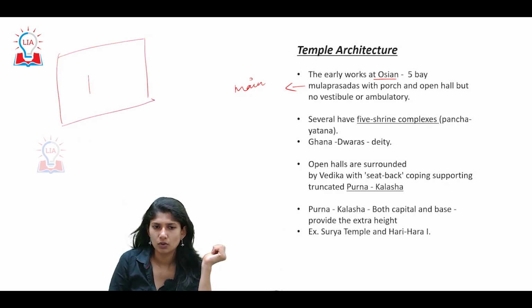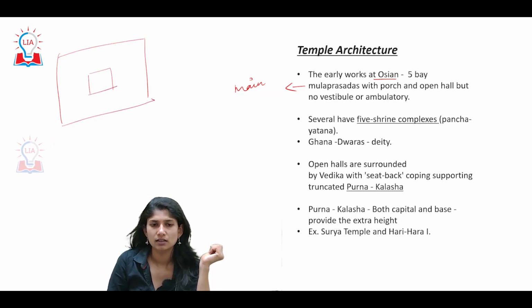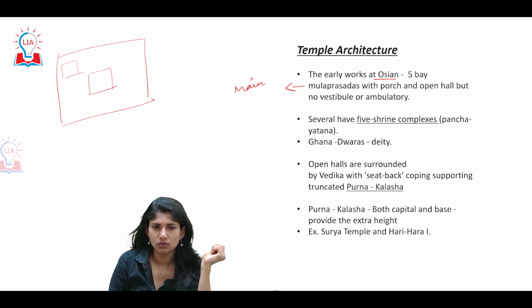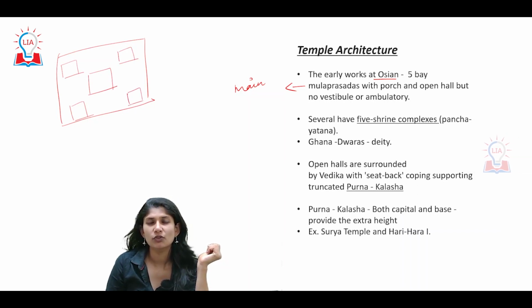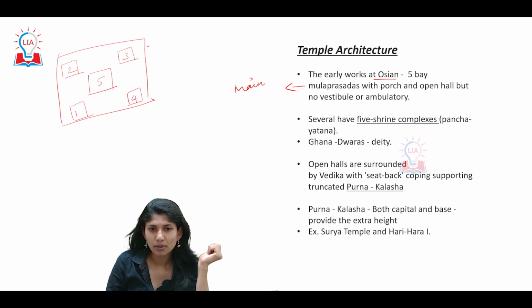Panchayatana means 1, 2, 3, 4, 5. Pancha means 5. 1, 2, 3, 4, 5. So in this temple complex, look at the word I'm using, temple complex.